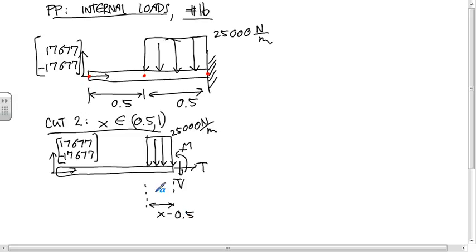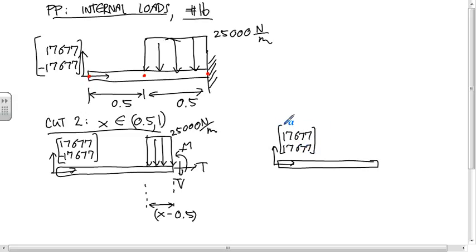And so now we can use that to rewrite the free body diagram with this distributed load represented as a point force. It's going to be acting downward.